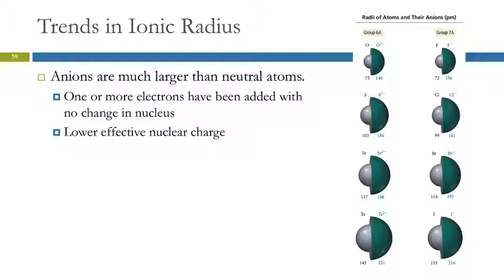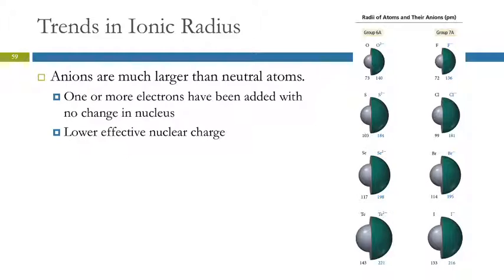The opposite, making an anion: anions are larger than neutral atoms. That makes sense too, because you put more stuff on, you expect that it's going to get bigger. The difference here, though, is more than you would expect. We're adding electrons without changing the nucleus, and we get a lower effective nuclear charge.